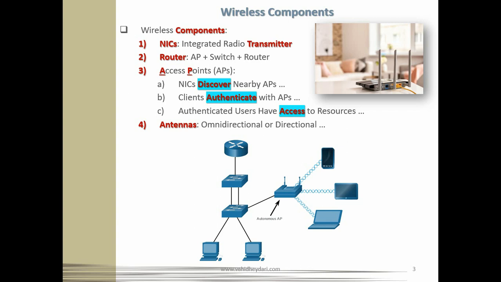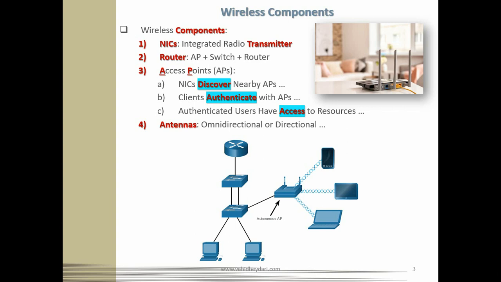Therefore, we need another technology called CSMA/CA. Wireless LANs, or WLANs, use carrier sense multiple access with collision avoidance, carrier sense (CS), multiple access (MA), and collision avoidance (CA), CSMA/CA technology, in order to determine how and when to send data to avoid any collision.